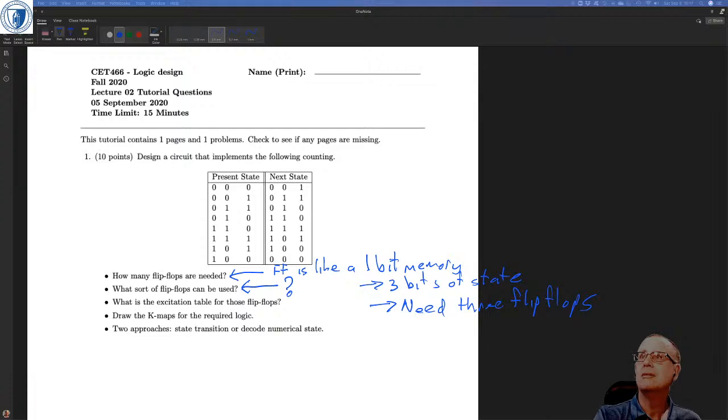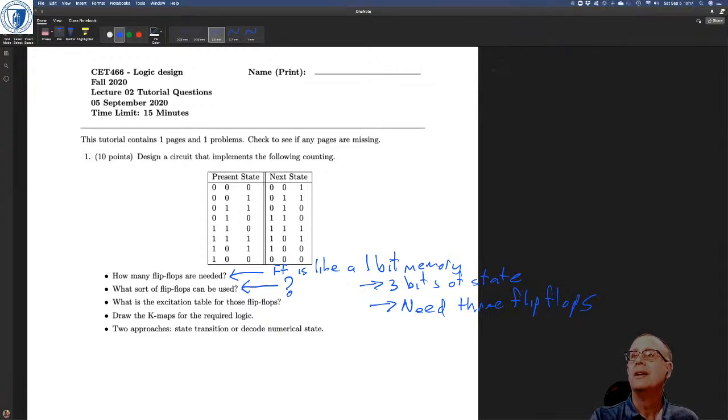Okay, so let's just try up here, right? So JK, that's probably preferable, because they're better behaved. Apart from when the asynchronous inputs are used, they don't have any ambiguous outputs.